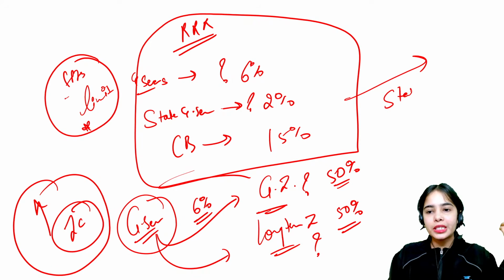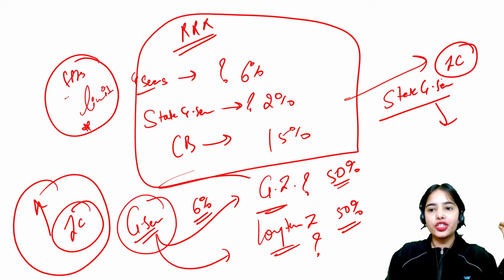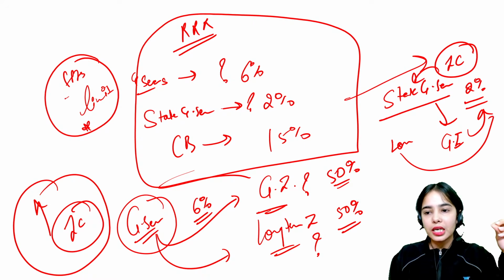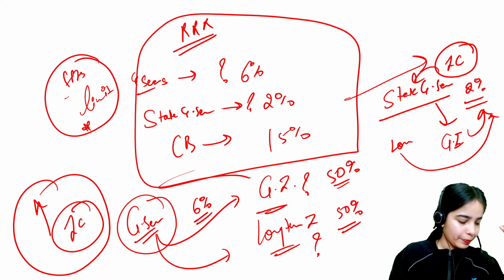For the state government securities, from the incremental change, still 2% is the foreign portfolio investment limit, but for the general investors, under this limit, how much can they invest? For the long-term investors, under this limit, how much can they invest?